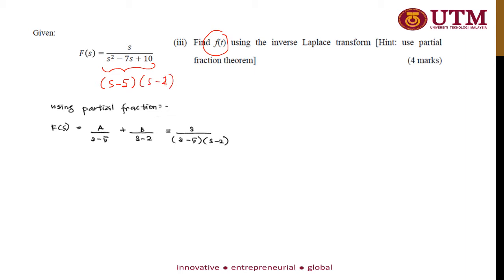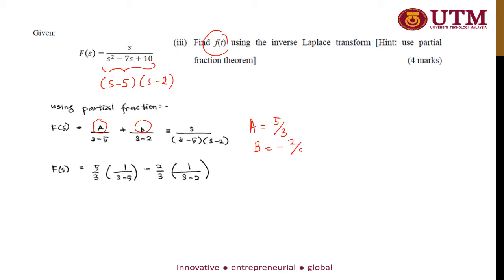So the equation can be divided into two components, A over s minus 5 plus B over s minus 2. You need to find what A is and what B is. From the calculation, A equals 5 over 3, while B equals minus 2 over 3.